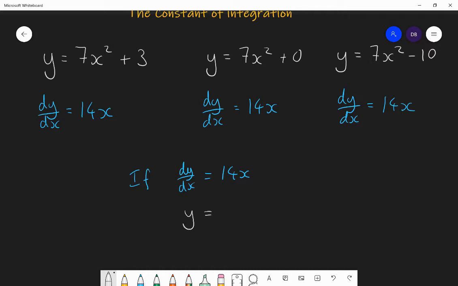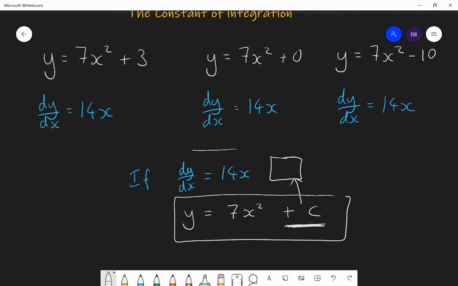All I know is that if I integrate 14x to the power of 1, it becomes 14x to the power of 2 divided by 2, so 7x squared, plus something, because the something could be any number which then would differentiate to 0 in my gradient function. So any curve of this form would have a gradient function which was just 14x.